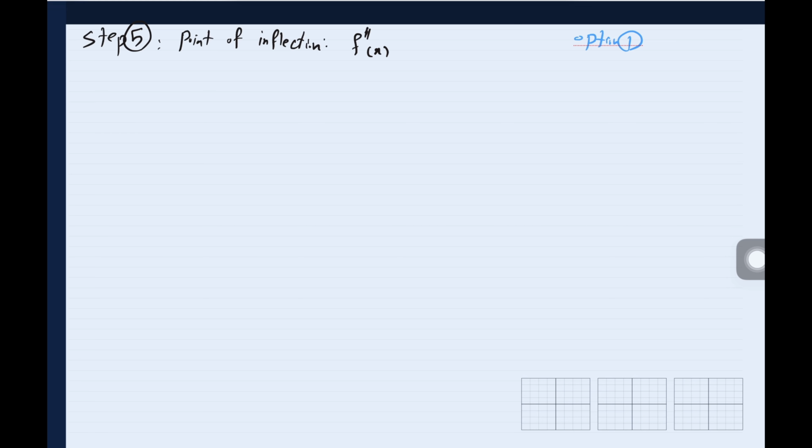if there are x values that make f double prime x 0, then all those are roots of f double prime x.